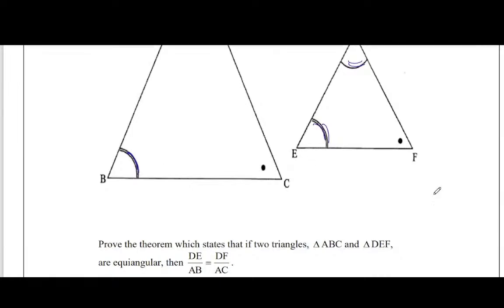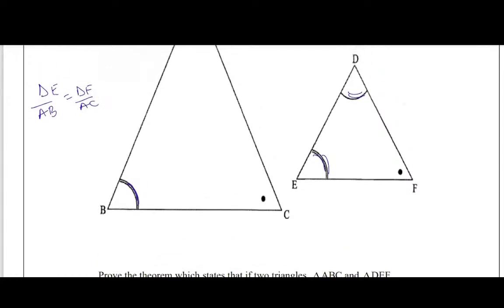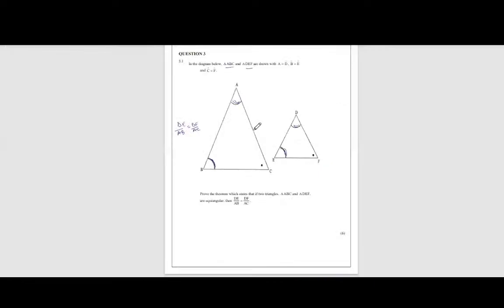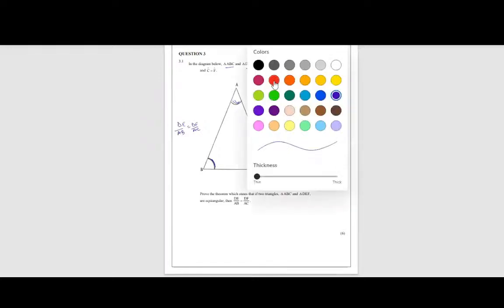Now, they want us to prove the theorem that says that DE over AB is the same as DF over AC. Just write it up here. So what we need to do is the construction.